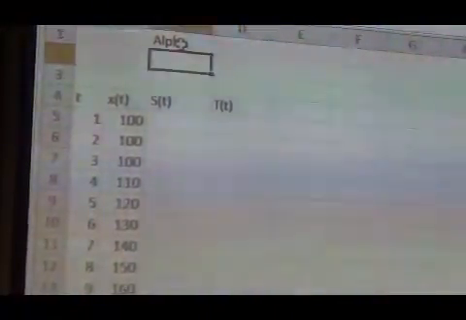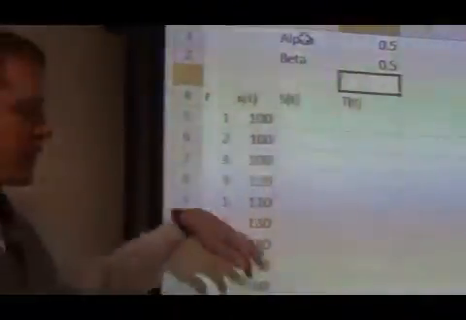One is alpha, which is what we use to govern how we decay or exponentially smooth our S value, our raw prediction, and a beta value, which is how we exponentially smooth our estimation of the trend. Are we trending up or not?